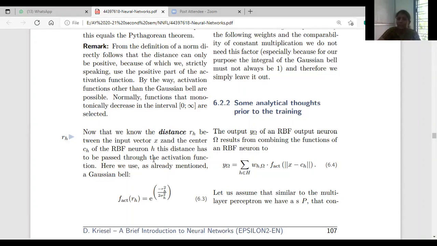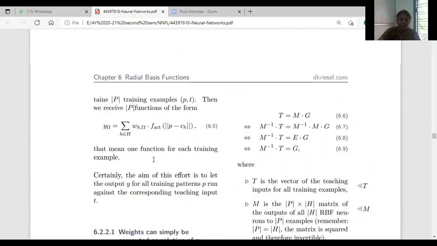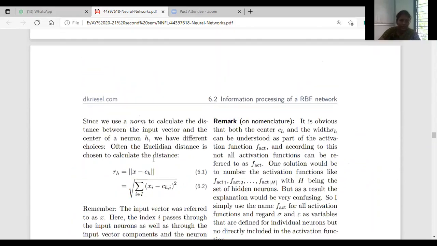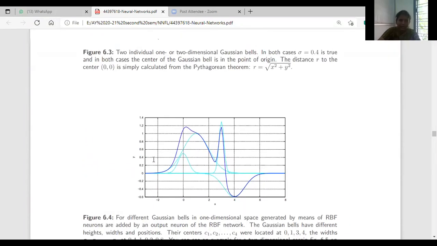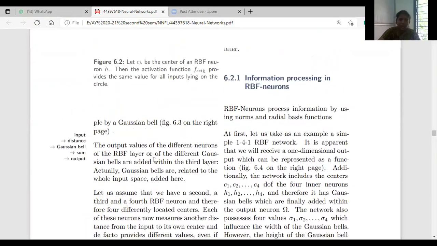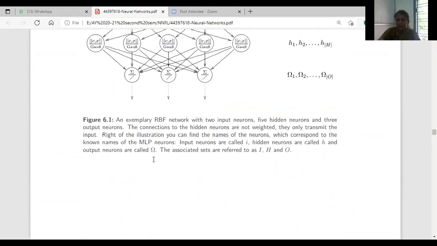Up to this point, you can write that; it is enough from your examination point of view. What are the different layers in your RBF network? How do the neurons, input neuron, hidden layer or RBF layer, and output layer process the information?